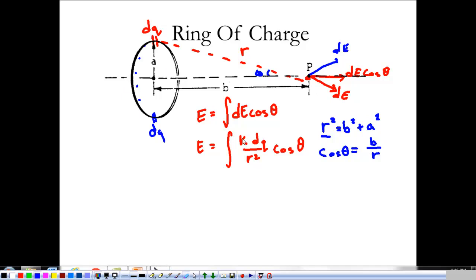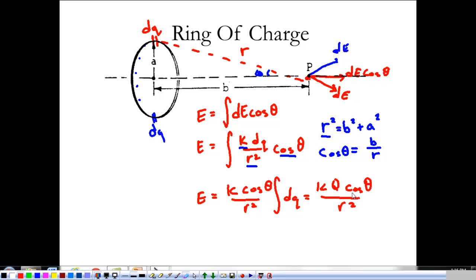So looking at this, K, R squared, and cosine theta are all constants that can come out of the integration. So my electric field is K times cosine theta over R squared on the integral of dq. Now, when we integrate just dq, that gives me my total charge q. So I've got kq times cosine theta over r squared. But those aren't my given quantities. I need to substitute this stuff in there.